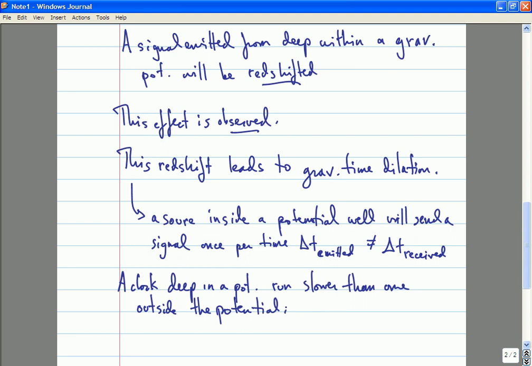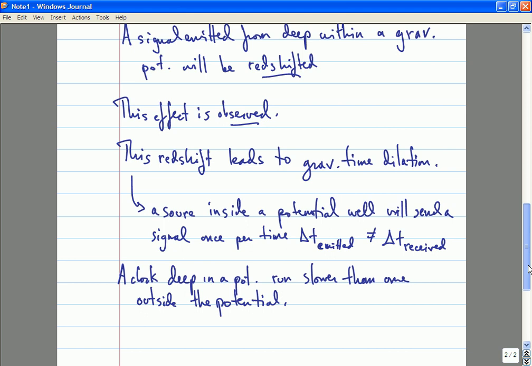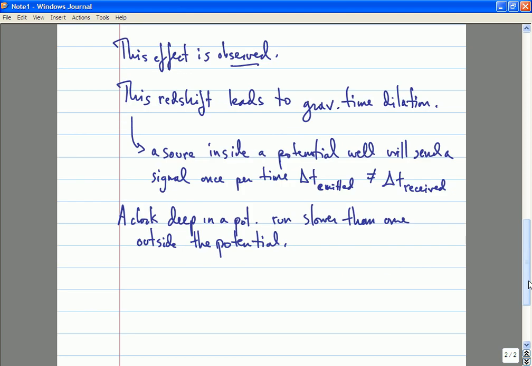A clock here at sea level will run slower than one at the top of Mount Everest. The amount by which it runs slower will be calculated by you on your next problem set. How much will it run slower?